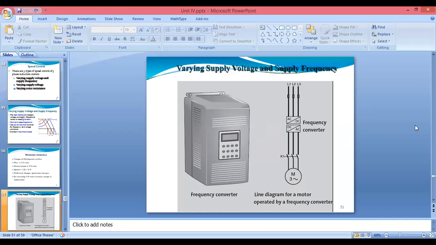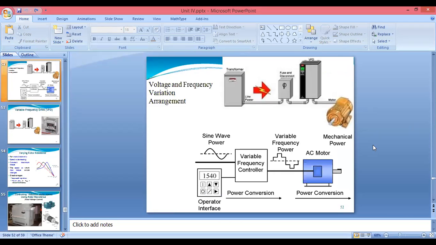When we give the three-phase supply to the three-phase induction motor, which can be operated by a frequency converter, here we change the frequency, so you will get a change in the speed. Here you can see the diagram for changing the value of voltage and frequency, and there will be changes in its speed, because we give the three-phase supply using the auto transformer.